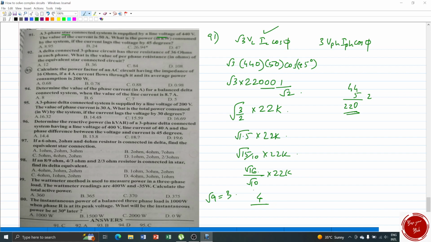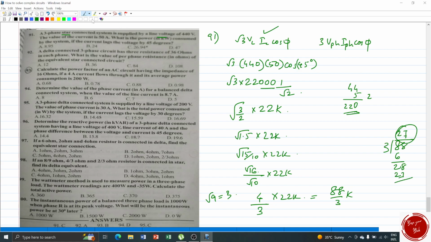So let's approximate this root 10 also to be 3 into 22k. So you will end up as 22 into 4 is 88 by 3k. What is 88 by 3? It's almost around 27.